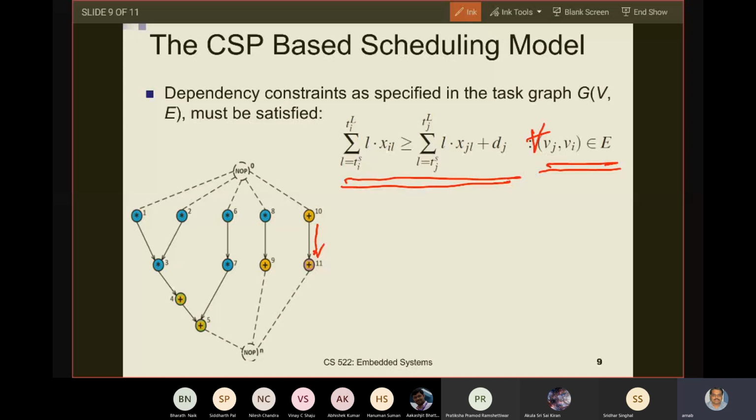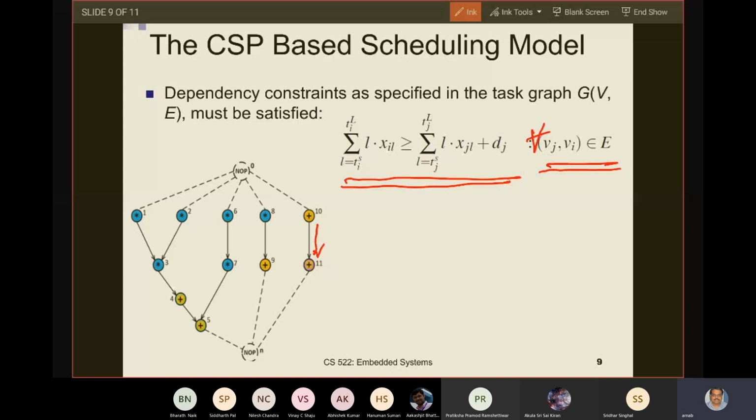If Vj, Vi is an edge, then you have a directed edge from Vj to Vi. Vj is the predecessor and Vi is the successor. If Vi is the successor, this dependency constraint must be able to say that Vi must start after Vj ends.